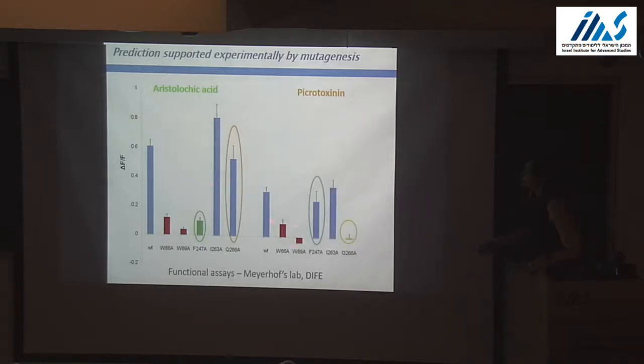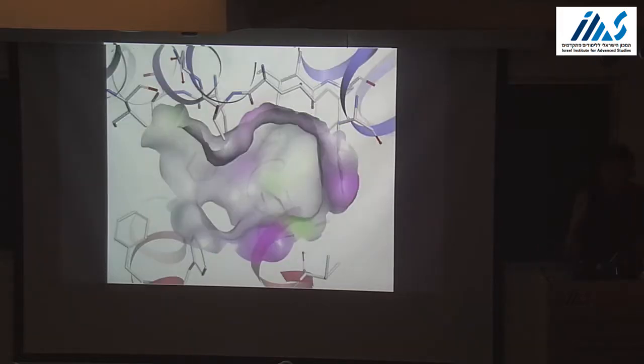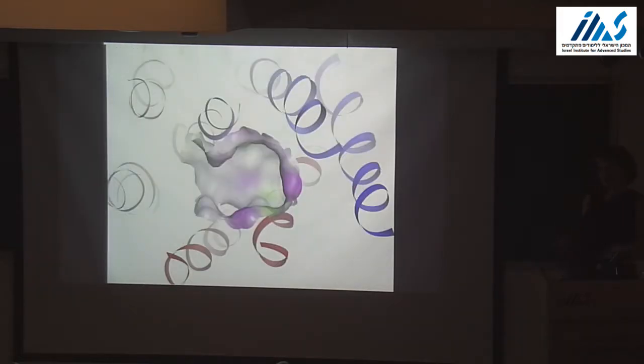And here we're comparing to the activation of the wild type by picrotoxinin. The phenylalanine doesn't care. Here it's the glutamine, it diminishes. So this was one direction. As I mentioned, site-directed mutagenesis supports the predicted binding site.